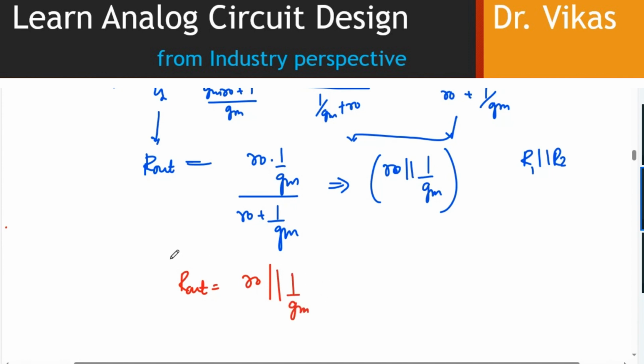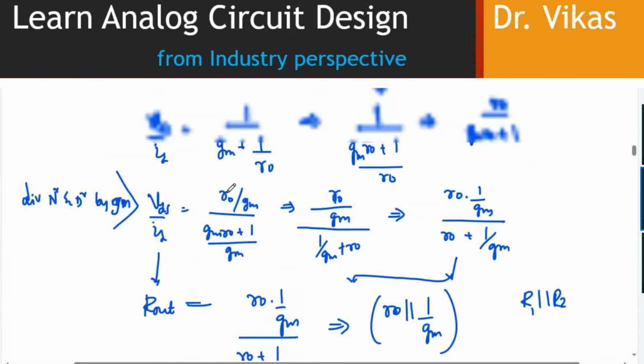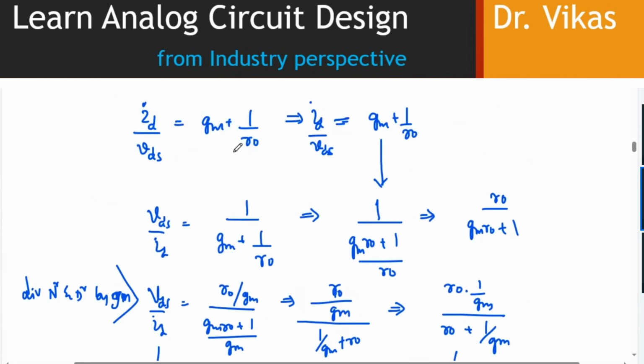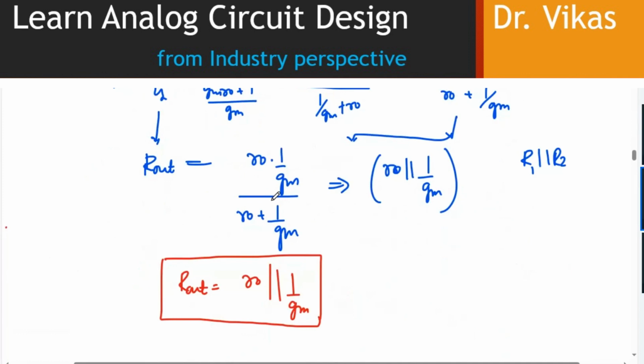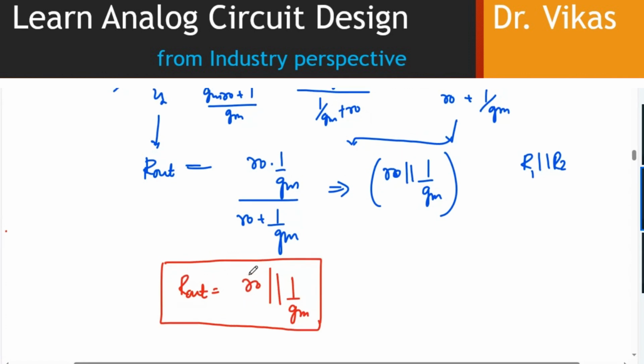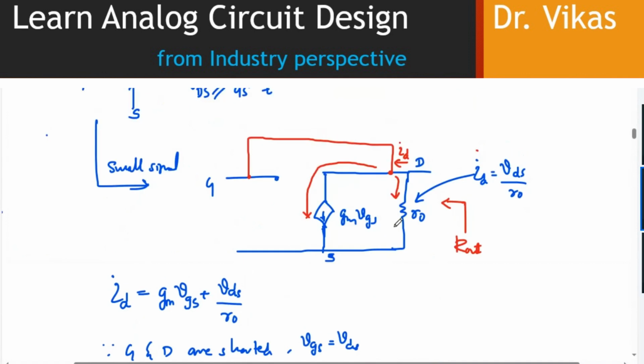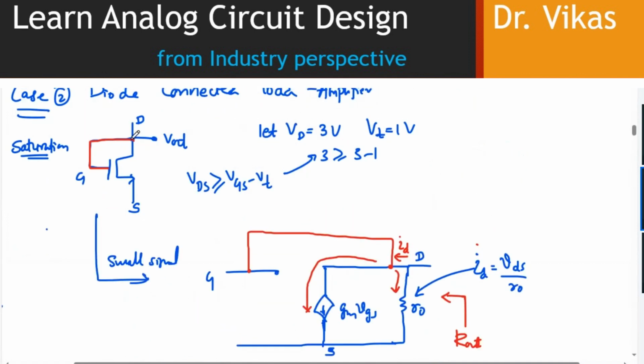Now this way it will be easy to remember. Rather than that, you can remember this also, it is basically Gm plus 1 by R naught, but it will be easy for us to remember the output resistance of my diode connected load. Now look here. Here I just took R naught. If along with R naught there would have been RL and RD, then that would come in parallel with R naught.